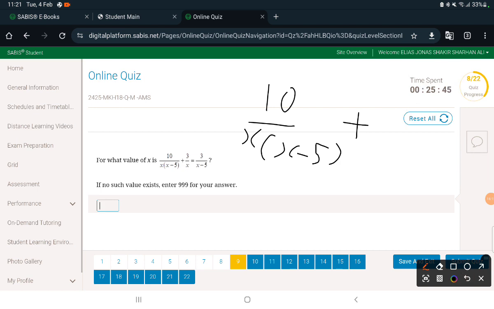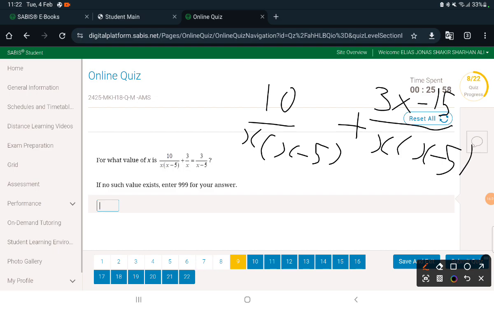So let's just change that. Over x minus 5 is equal to the final fraction over here.